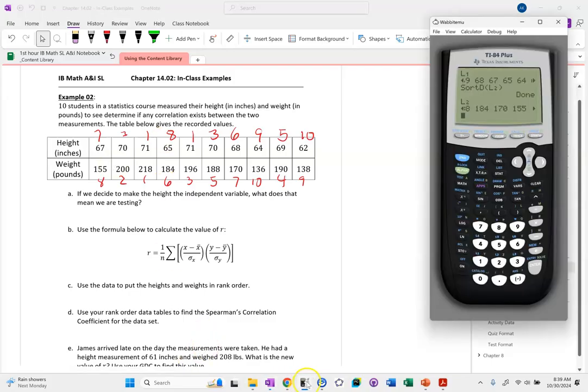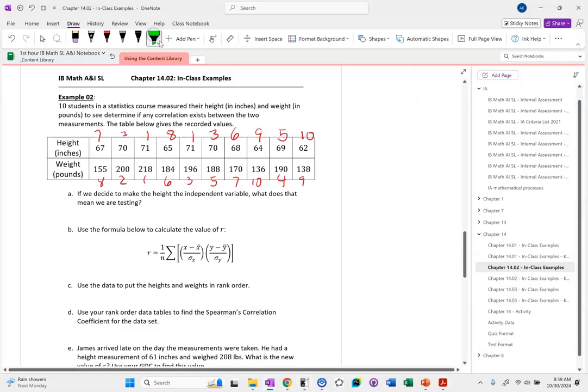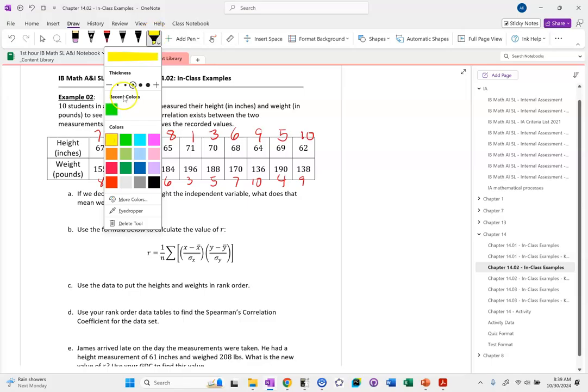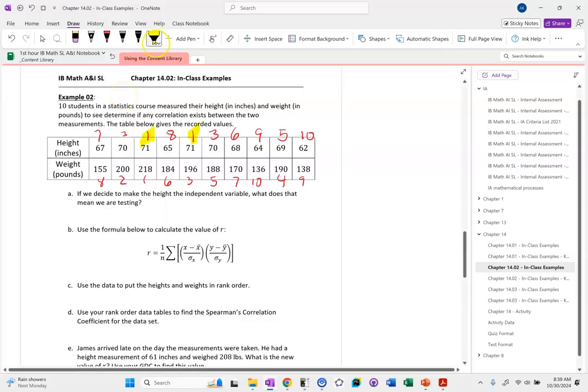Okay. So what I'm going to do now is set up my rank order. There's one little hitch: my rank orders for the ties aren't going to just be 1 and 1 and 3 and 3. The reason I can't just do that is because if I add up all the numbers on the list where I had ties, and I add up all the numbers on the list where I had no ties, I don't get the same total.